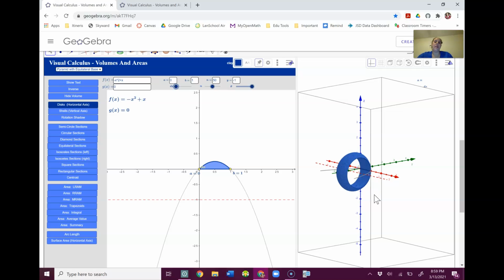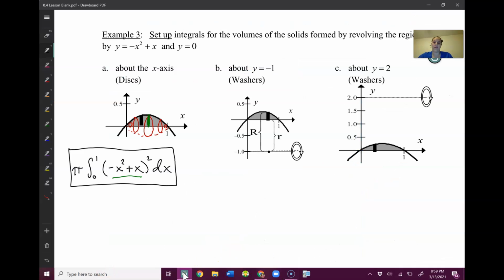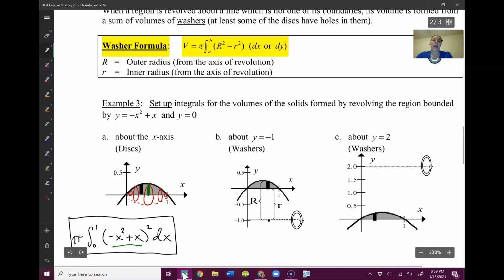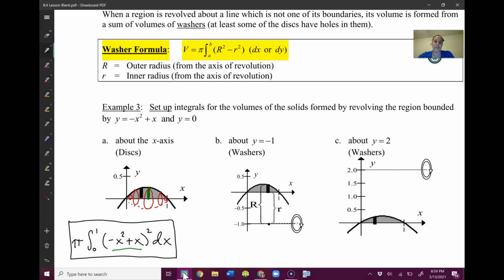Now, this is a very different shape than everything we've been doing so far. So if I go back here, I have a very different equation that I'm looking at. Notice in this one, I have a big R squared minus a small r squared, where the big R is the outer radius and the little r is the inner radius.